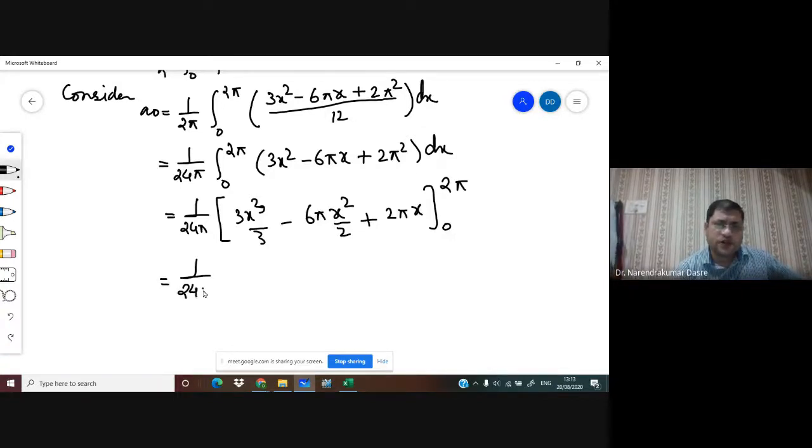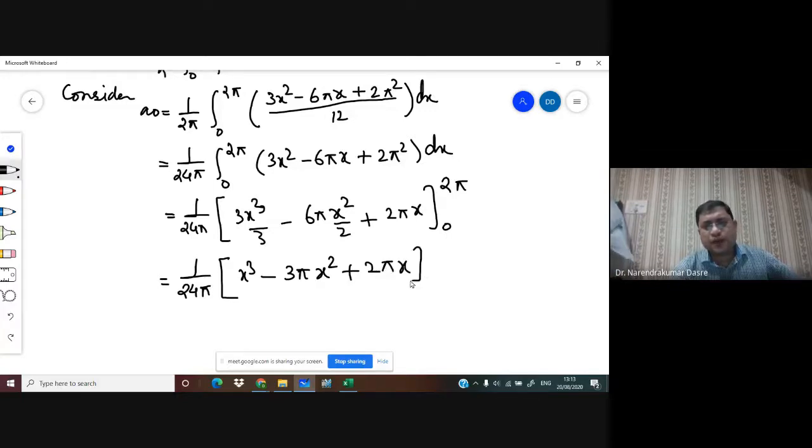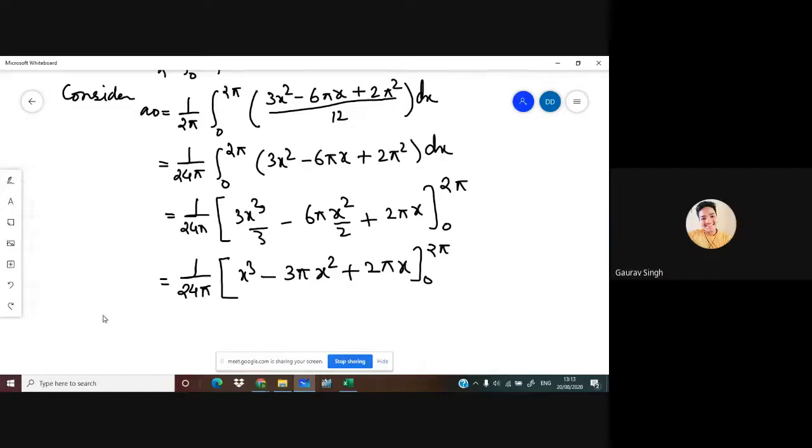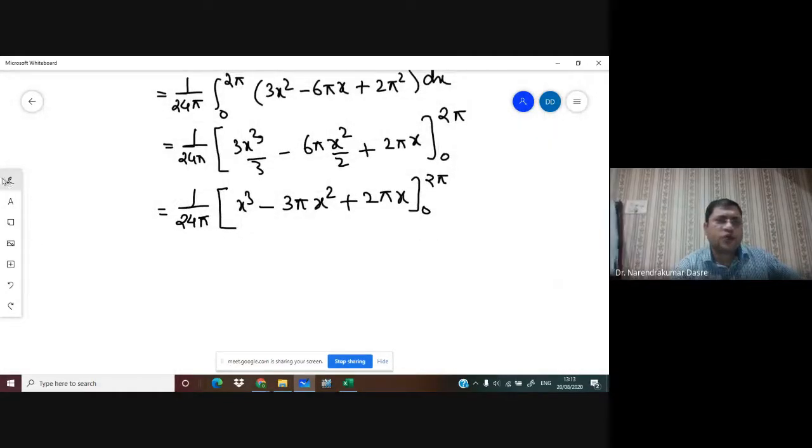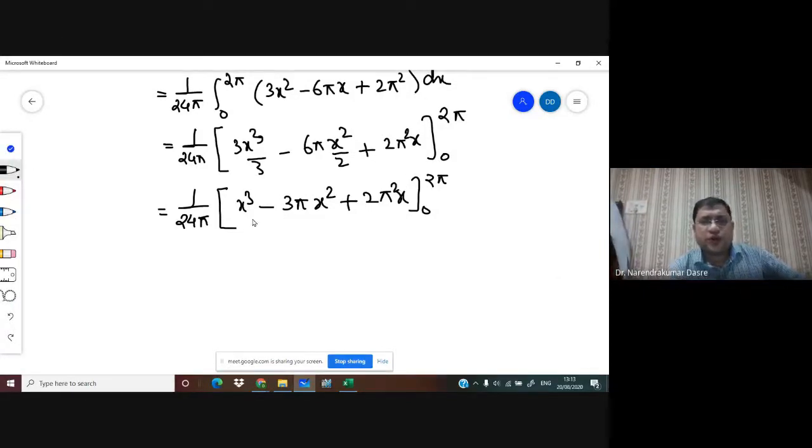So it is 1 upon 24 pi, x cube minus 3 pi x square plus 2 pi square x, from 0 to 2 pi. Yes, it will be 2 pi square. Correct. So this is going to be 2 pi square x.